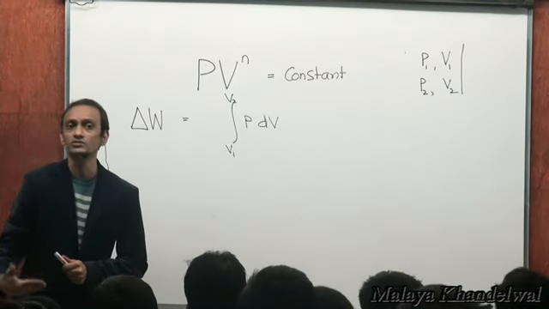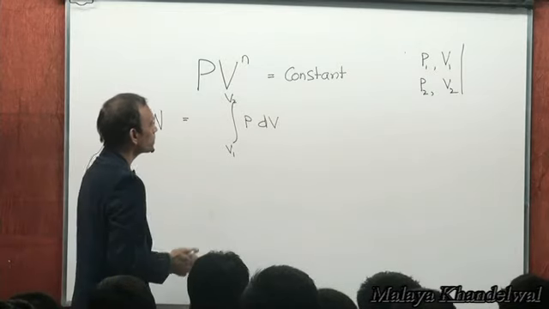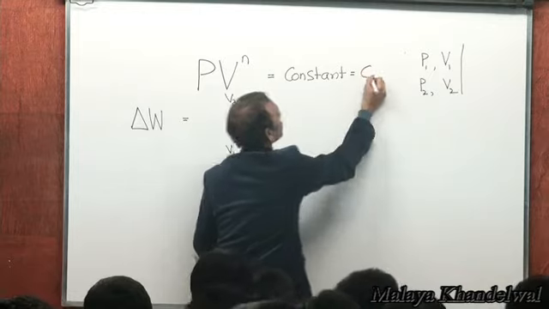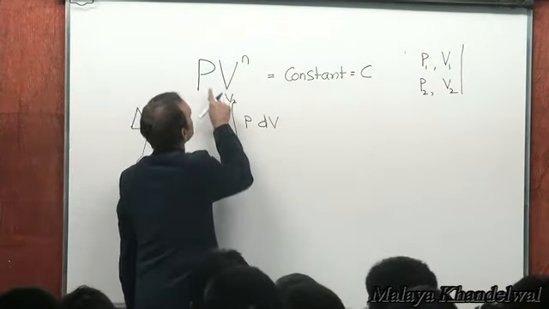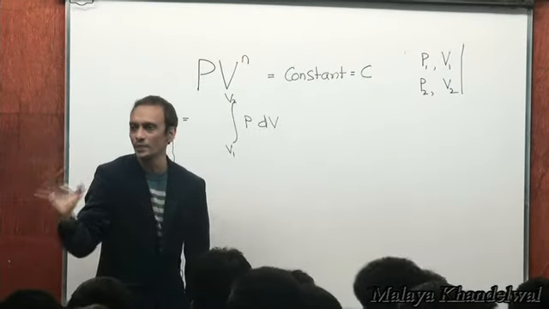Now, let's say this constant is C. What I could then do is replace P by C into V to the power minus n.